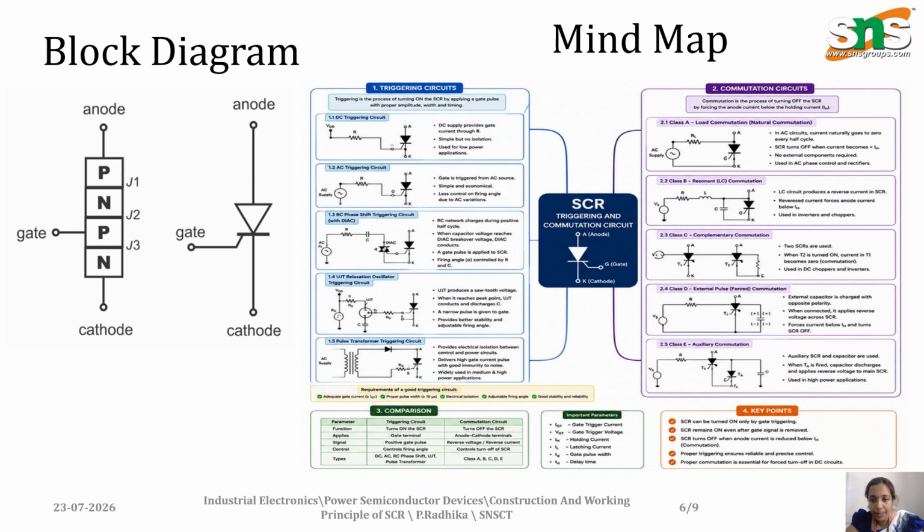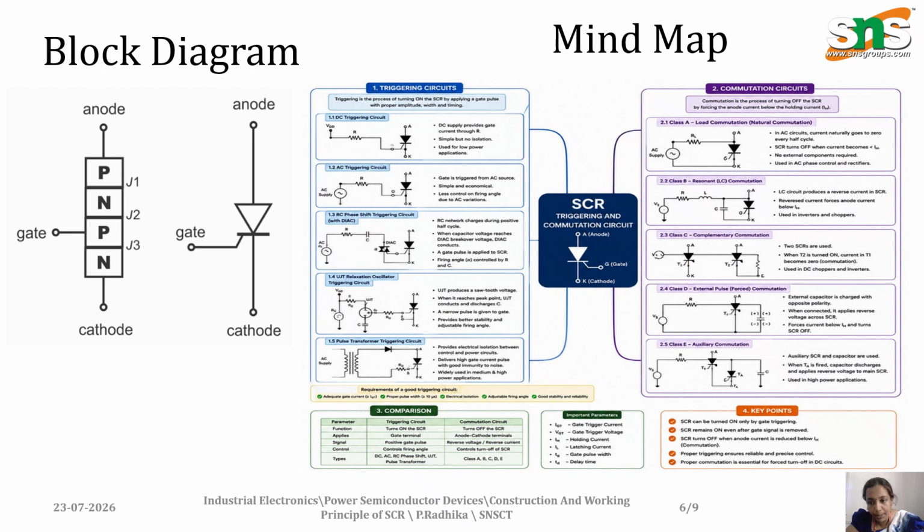The main difference between class A and B is that in class A we have only the resistor along with the SCR. But in class B, one inductor is connected along with the capacitor and the SCR. Class C has two SCRs in it.